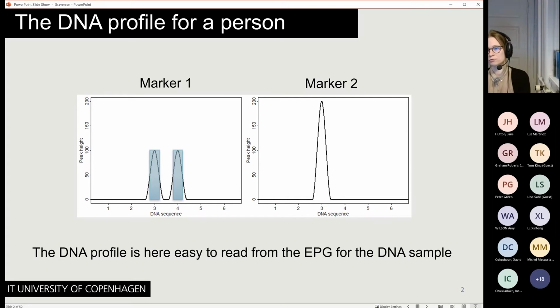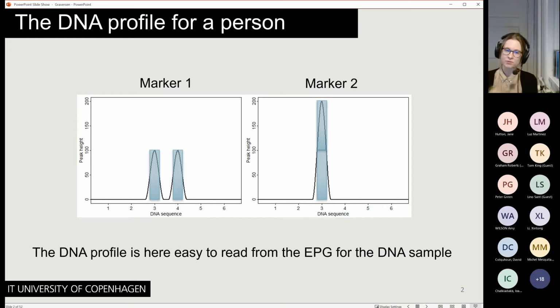Either you have two different so-called alleles, or you have two of the same allele, in which case you see this peak that is twice as high. So this would be a typical perfect reference sample. If I take a swab directly from a person, I can perfectly read off the DNA profile.